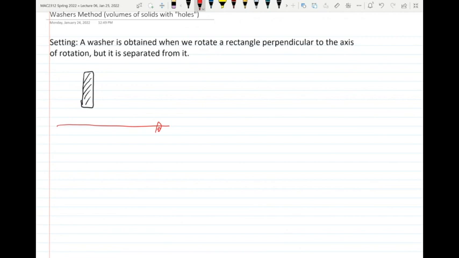So naturally, this top part of the rectangle is going to create a big disc, yes, but then this bottom part of the rectangle, this gap right here, is going to create a small disc inside. That's a hole, because really the region that we're rotating is this one, so there is a hole that we're missing. So basically, we're going to get something like this.